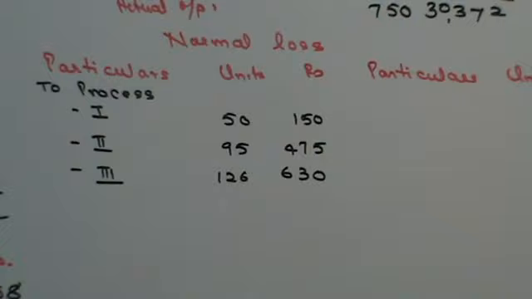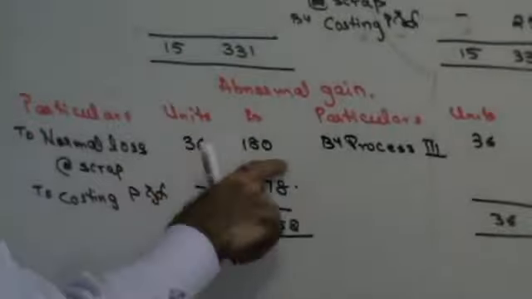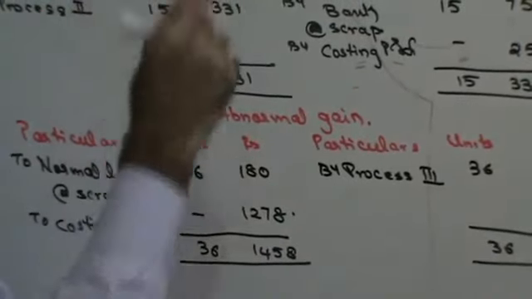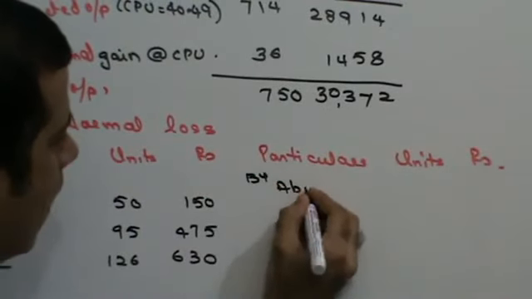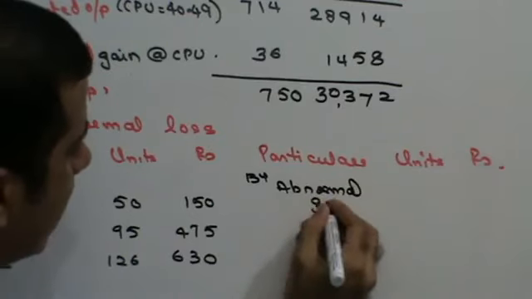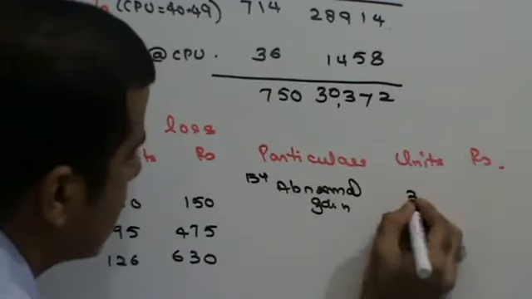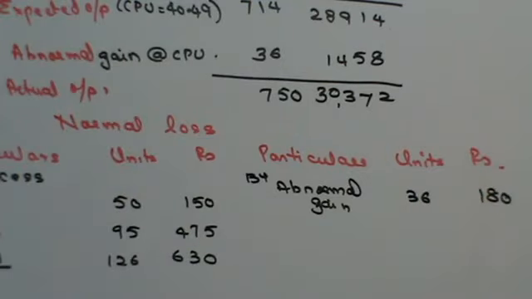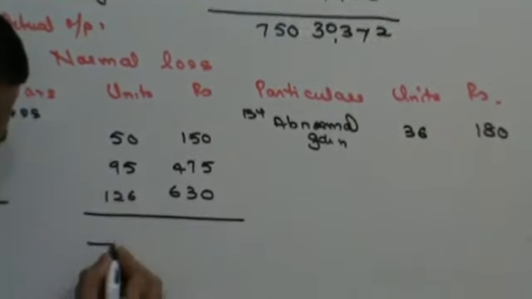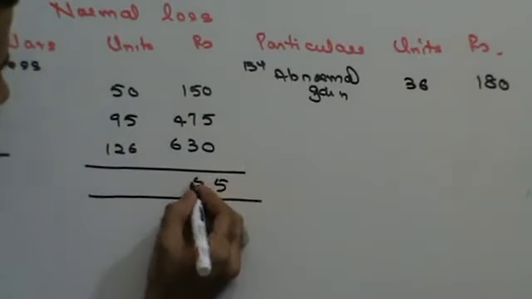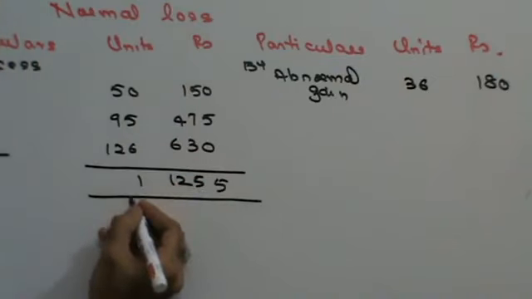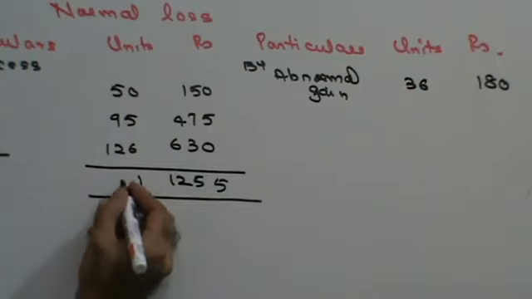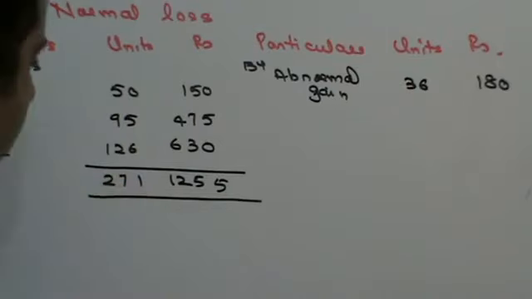In abnormal gain also you had a normal loss, 36 units and 180. This is on the debit side, it will go there on the credit side. This is going to be by abnormal gain. Abnormal gain is 36 and 180. Tally this account. 5, 10, 15, carry over 1, 10, 11, 12. 6 and 5, 11, carry over 1, 10, 15, 17, 271.